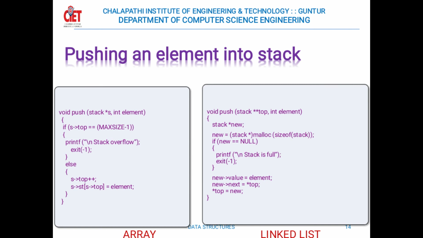Whereas in linked list, to push an element, simply increase the top pointer, create a new node that stores the new element and add it to the end of the linked list. Stack top. Push an element into the stack means simply add an element at the end of the list.